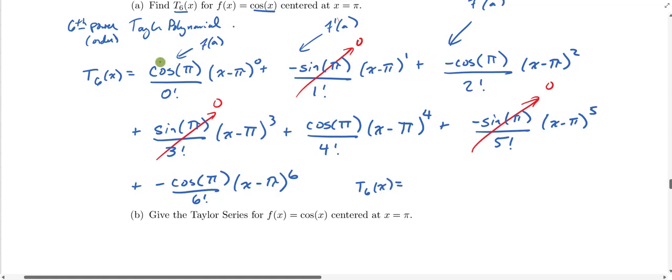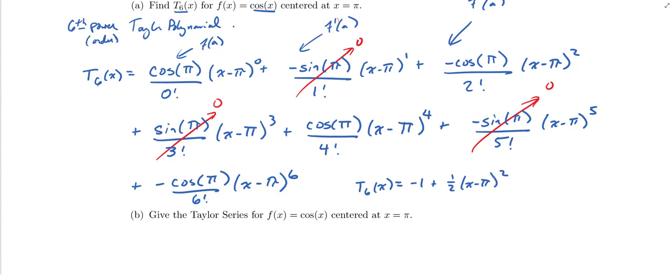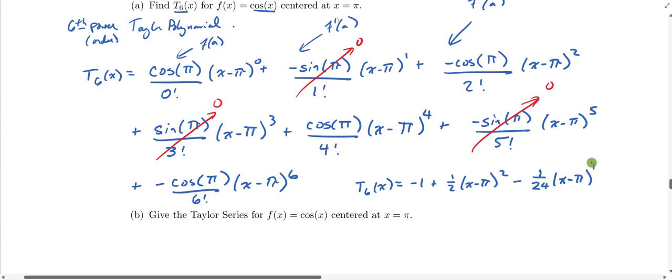And so we could actually simplify that for our 6th order Taylor polynomial. T6 of x is equal to, and I'm just going to clean things up here, folks, the cosine of pi is -1. So we get -1, and here we've got the minus the cosine of pi, so that's plus 1/2 times (x minus pi) squared. And if we take the next non-zero term, we get minus 1 over 24 times (x minus pi) to the 4th power.